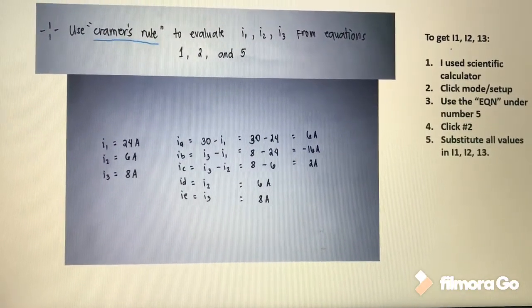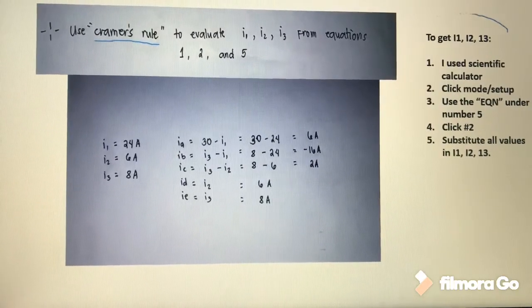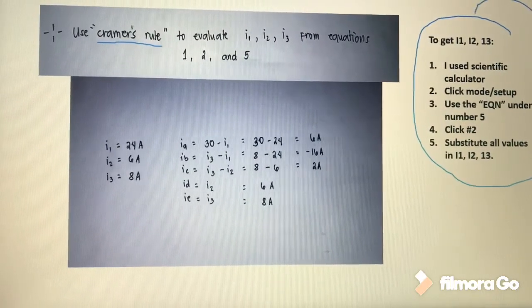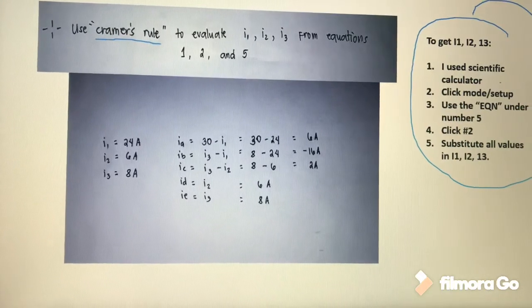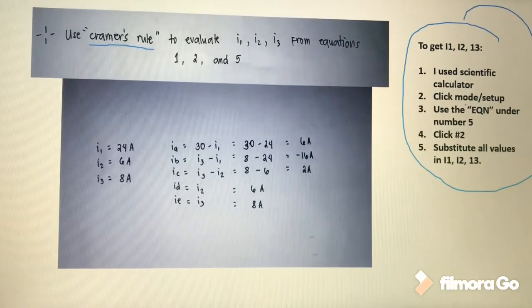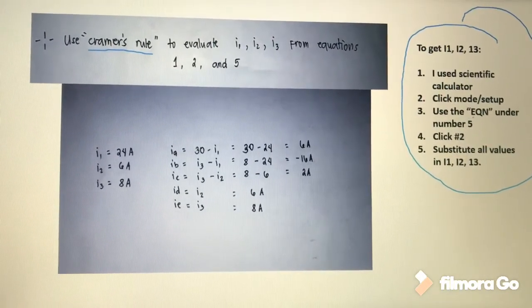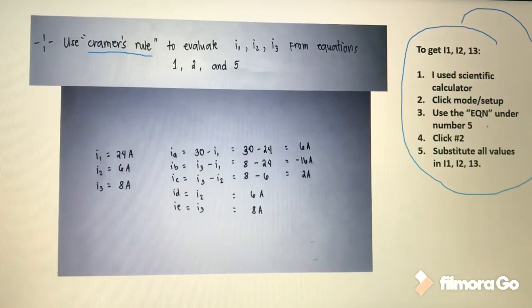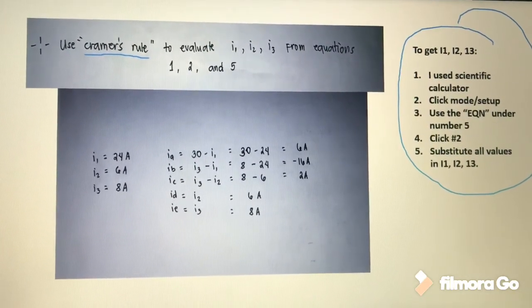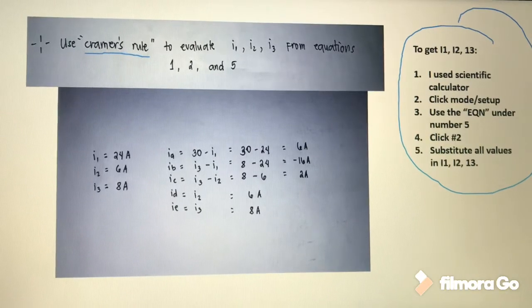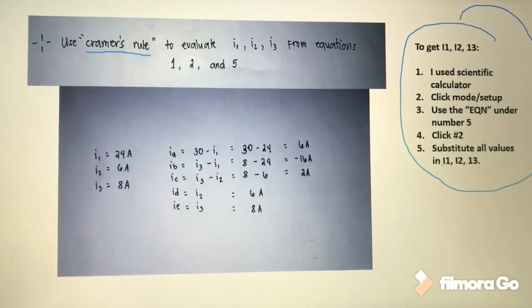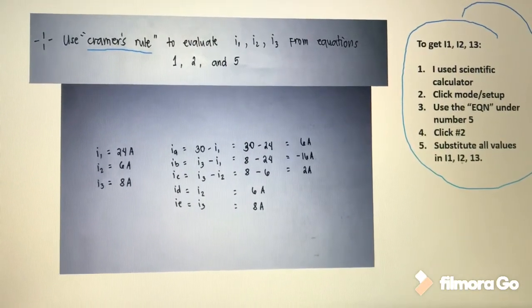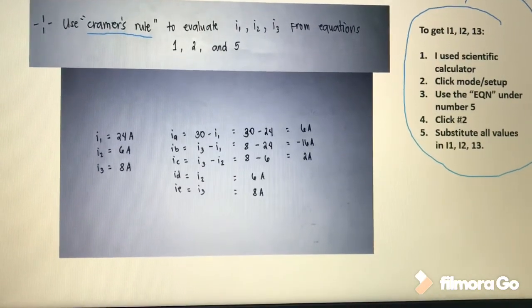To get I1, I2, I3, follow this pattern. I use the scientific calculator, click mode or setup, use the equation under number 5, so click number 5. Click number 2 and substitute all values in I1, I2, and I3.